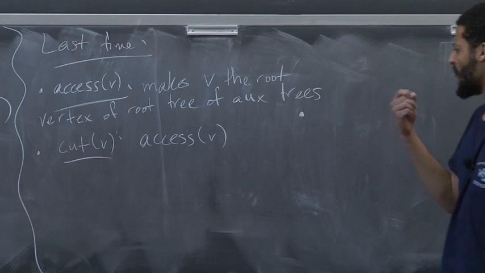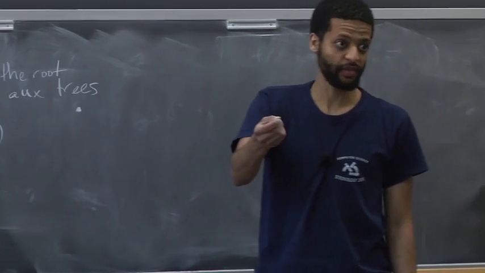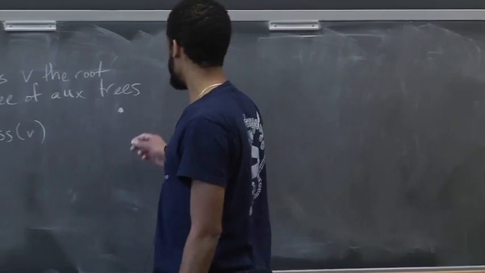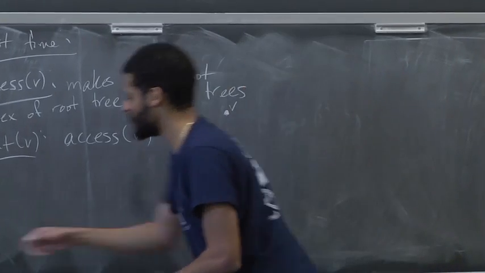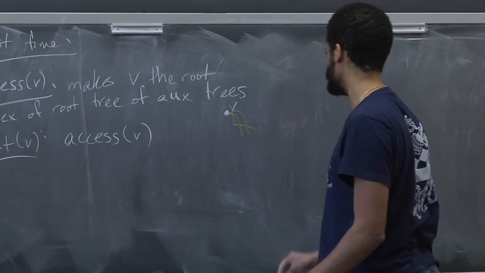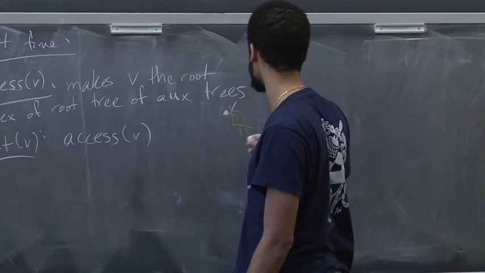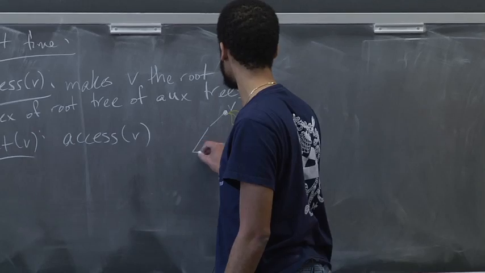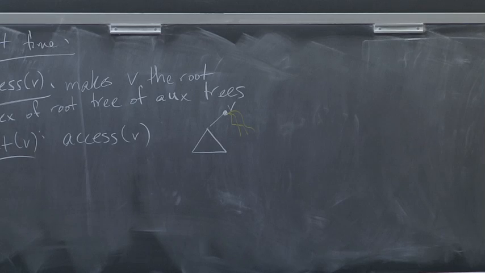If you remember, when you access, you have no preferred child, because if you are the last vertex touched in your subtree, then you have no preferred child. So V has no right children here. Maybe V is the path parent to some others, but in its aux tree, it doesn't have any right children. And then it had some left children. And then we cut this, right?